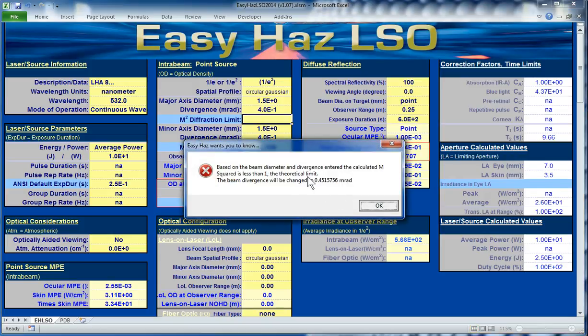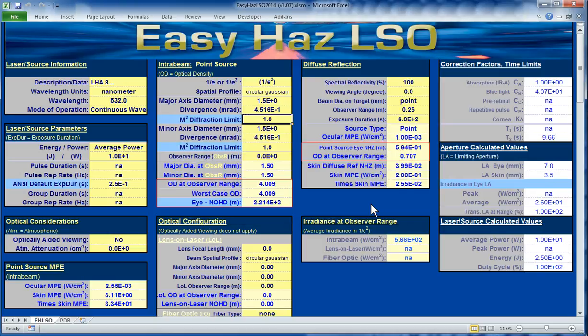What this does is tell us we're trying to exceed a theoretical limit. I'm going to say OK, and when it does, it's going to change the divergence to the lowest possible divergence that it can. So 0.45 is the lowest divergence that this wavelength with this beam diameter can achieve.